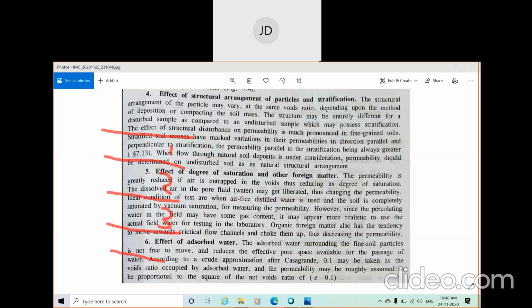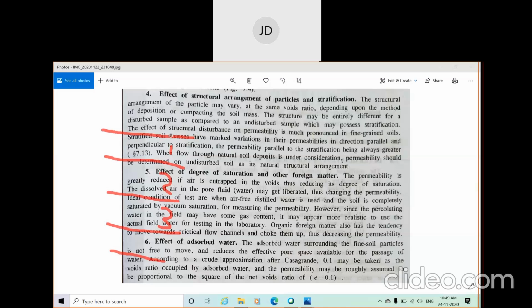This kind of layered soil is called stratified soil, and this kind of situation is known as stratification. I think you got this idea, right? The structural arrangement of the particles may vary at the same void ratio depending upon the method of deposition or composition of the soil mass.